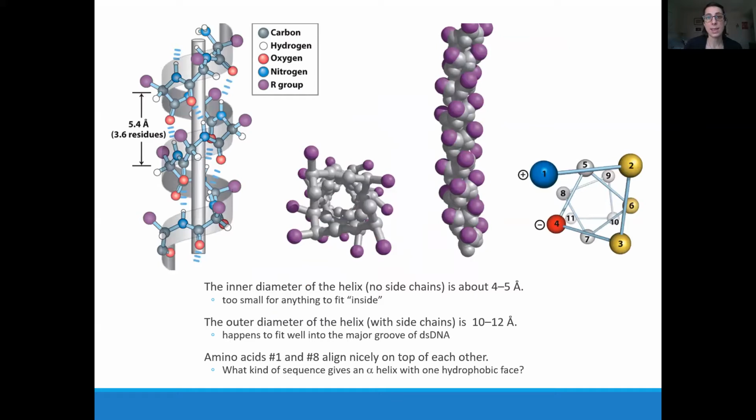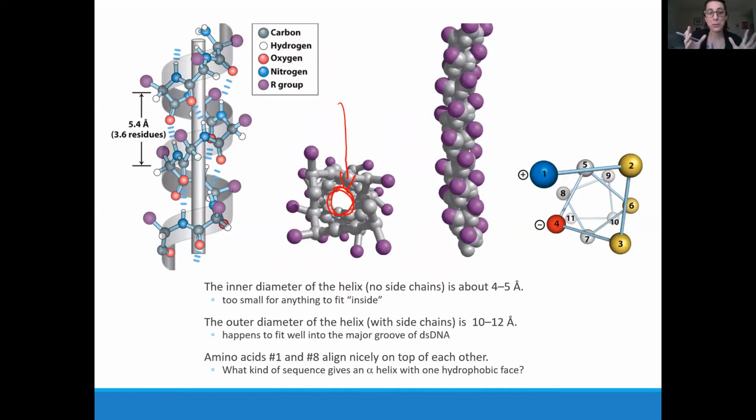More about the alpha helix. Let's look at the alpha helix from a top-down way, because I think this helps you envision where the bonds are happening. This is like if we were to look at the inside of the alpha helix, top down, looking down through, and you'll see that the inner diameter is very small.